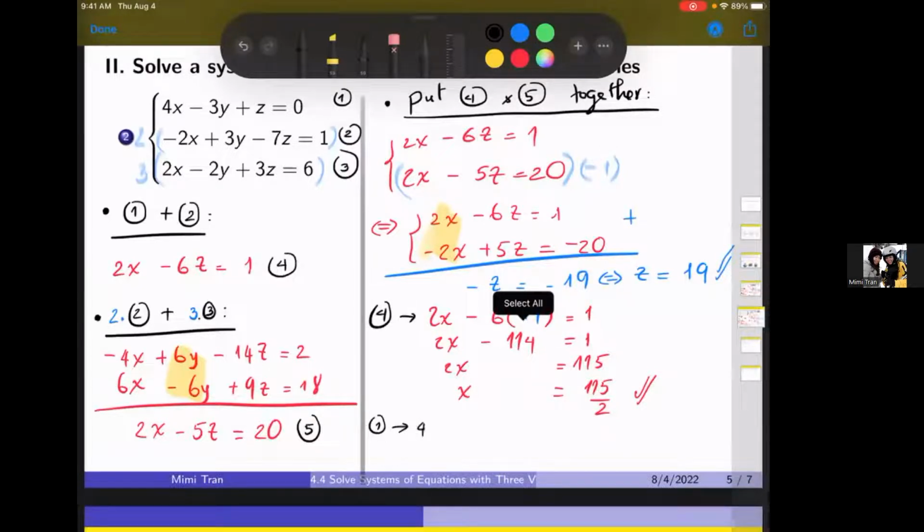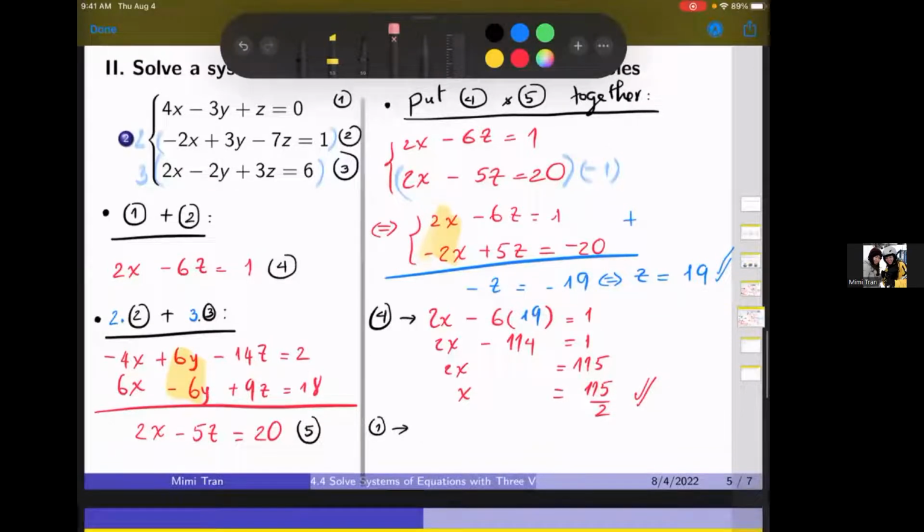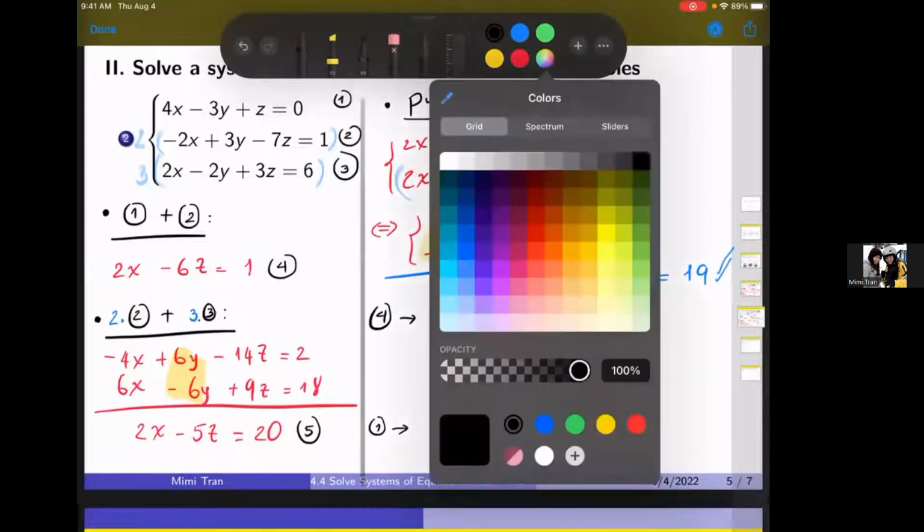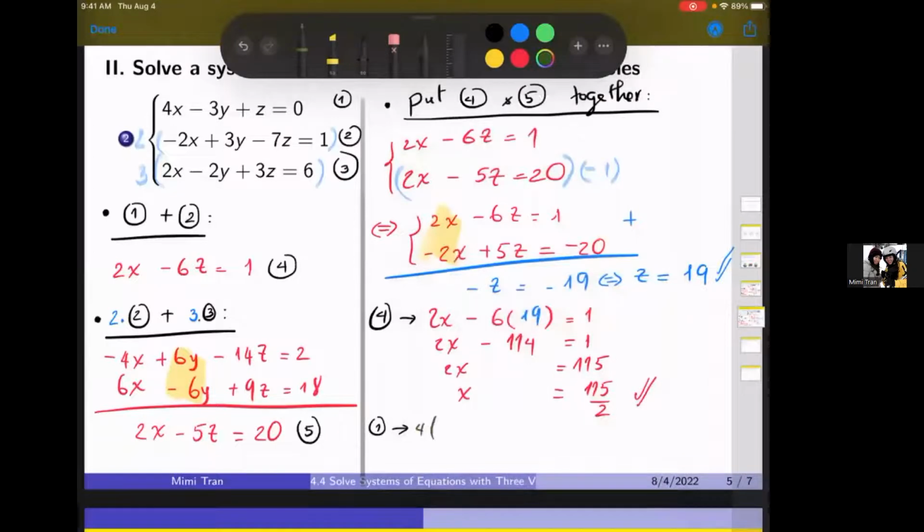So 4 times x, put x there, minus 3y plus z equals 0. z is 19, x is 115 over 2. Right, 4 divided by 2 is 2 times 115.